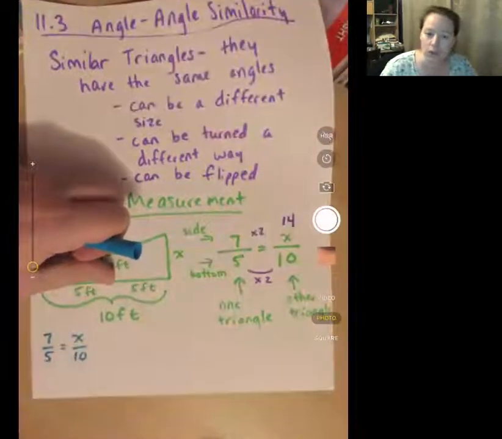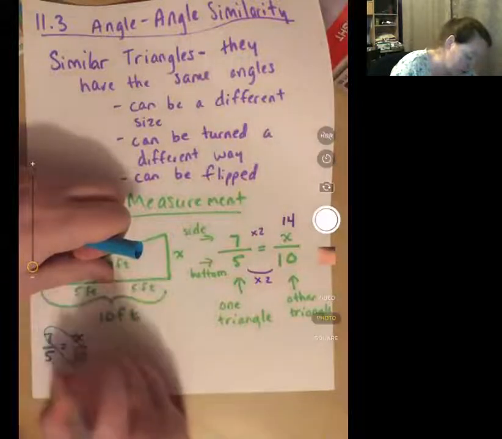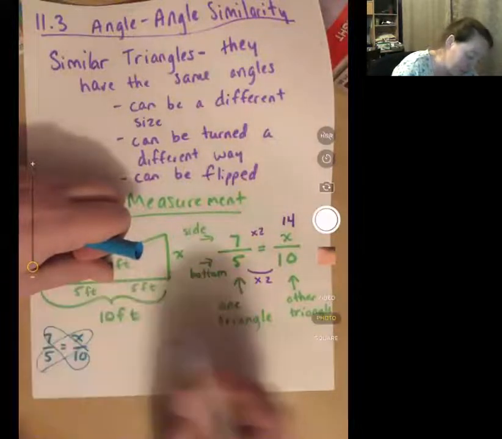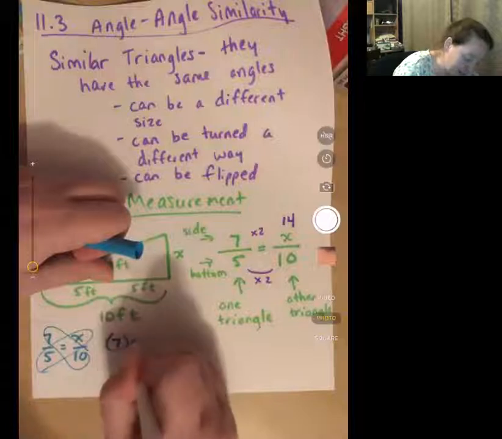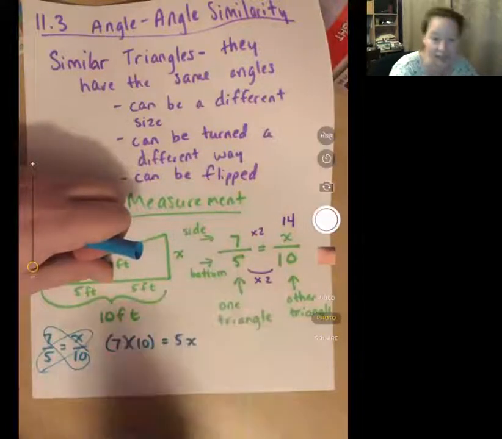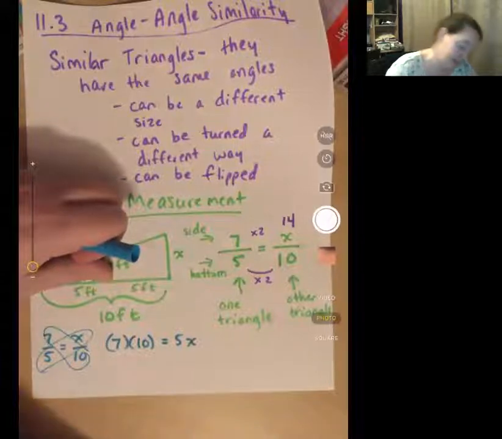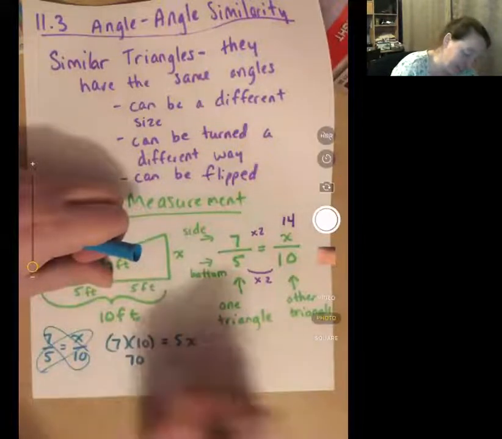We can do the butterfly, or we can do cross multiplication. And we end up with 7 times 10 is equal to 5 times X. Remember that? 7 times 10 is 70.